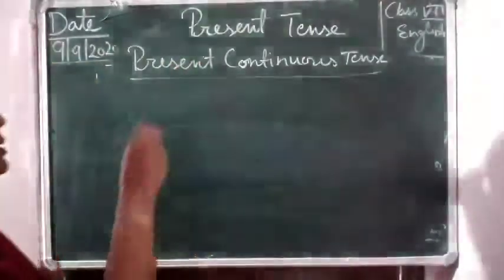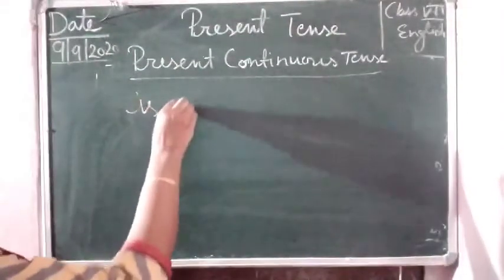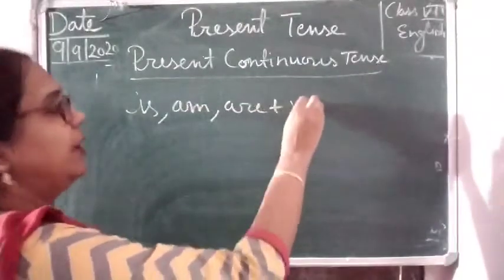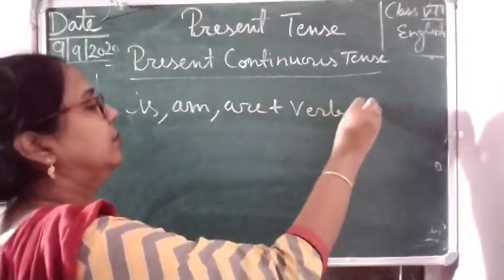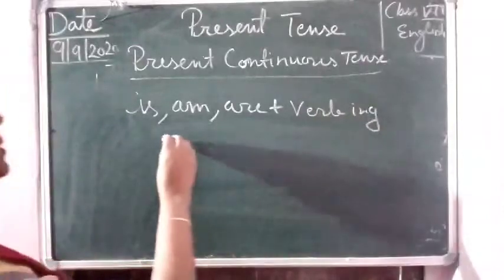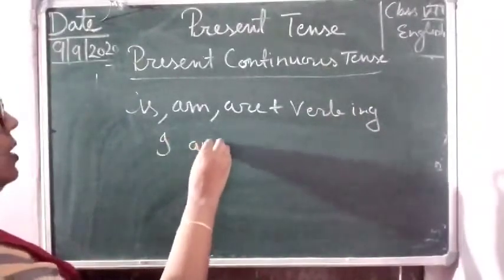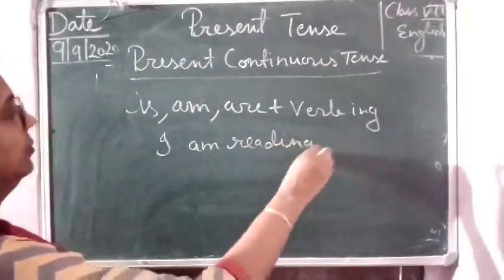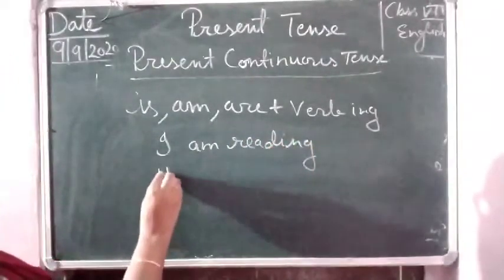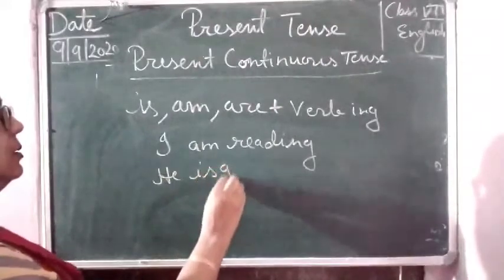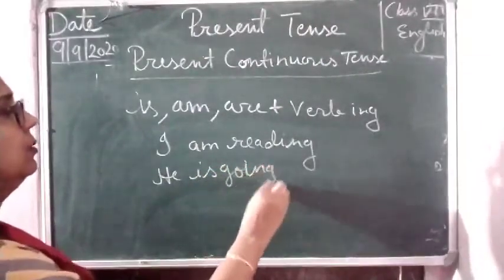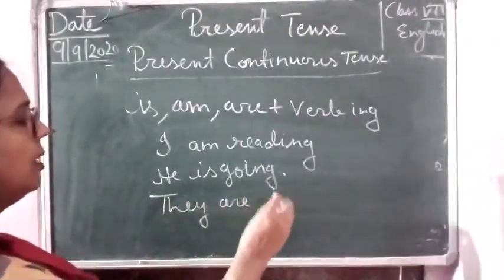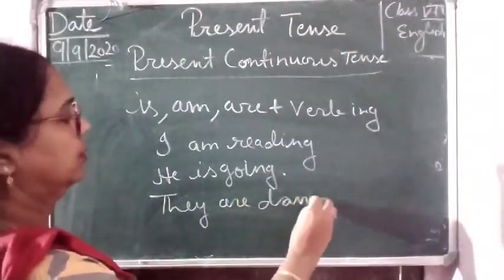So is, am, are plus verb ing. It means I am reading. He is going. They are dancing.